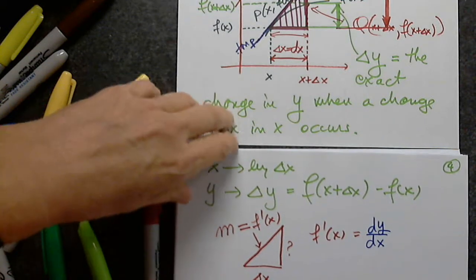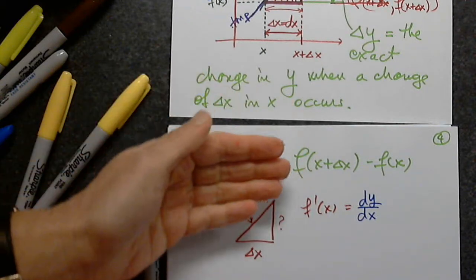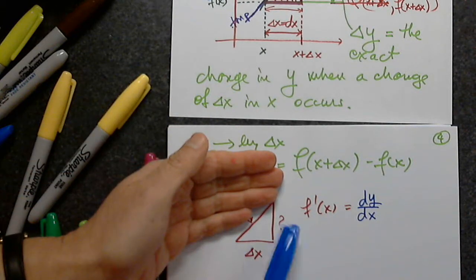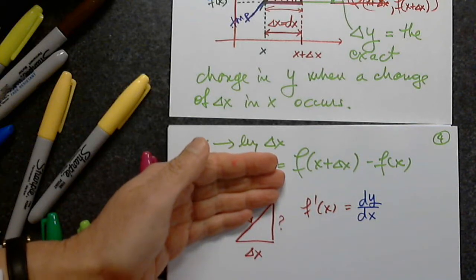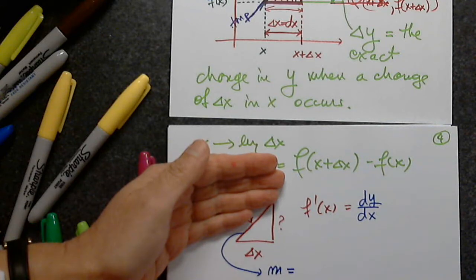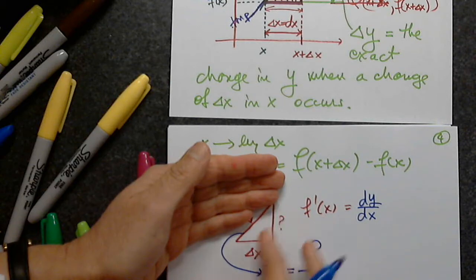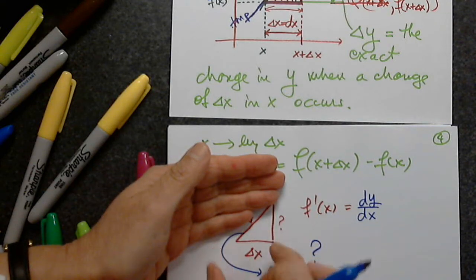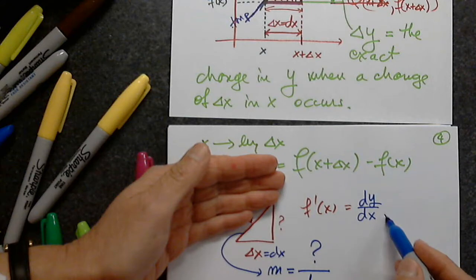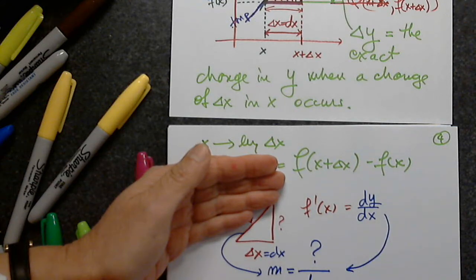So stay with me for a second. Forget about the fact that this is a tangent. This line is a tangent. Can anyone give us another way of writing the slope of this line? Rise over the run. Well, the x and delta x are the same. So then for these two to be the same, what is the top? dy.